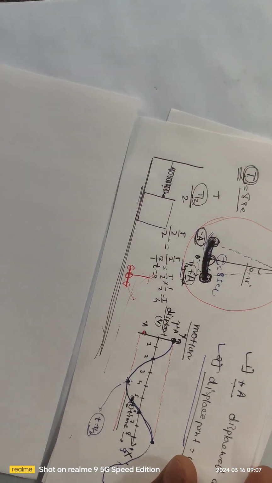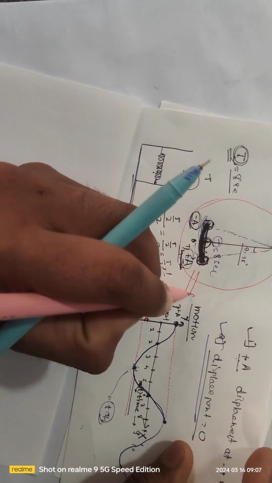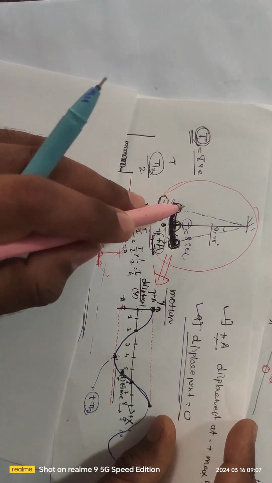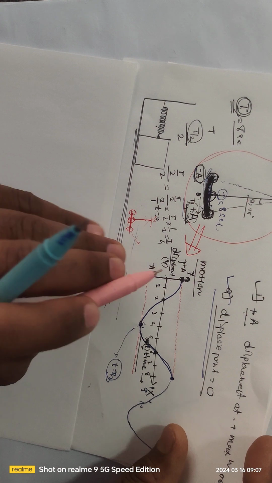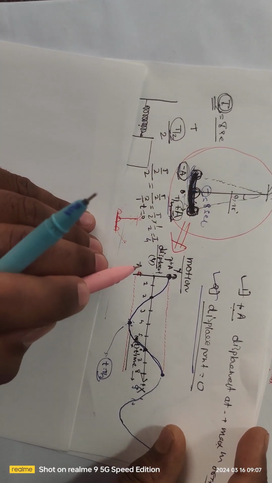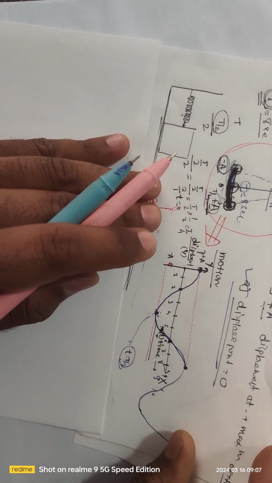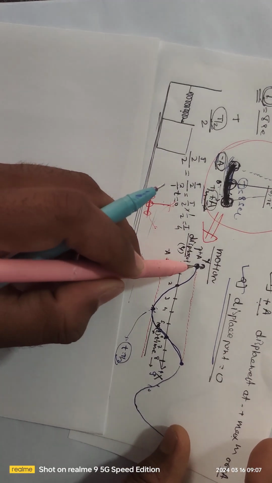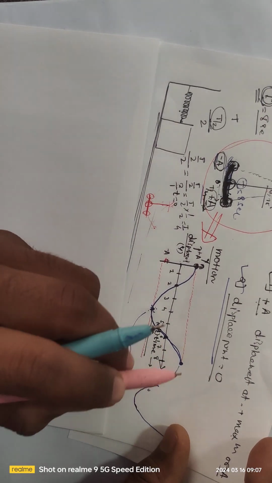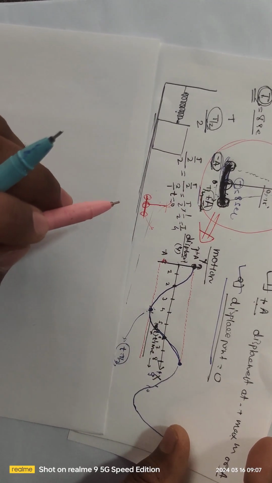But if I see the graphical representation of this oscillation, I find the graph is a sinusoidal wave function.